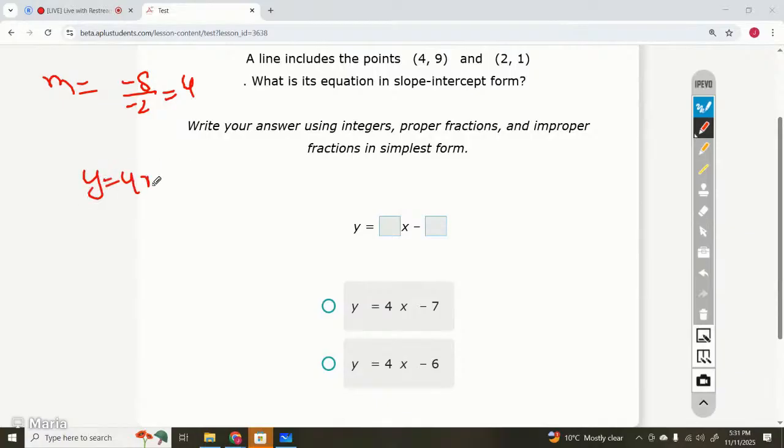So y equals 4x plus b. Now use any of the 2 points. I'm going to use the second one.